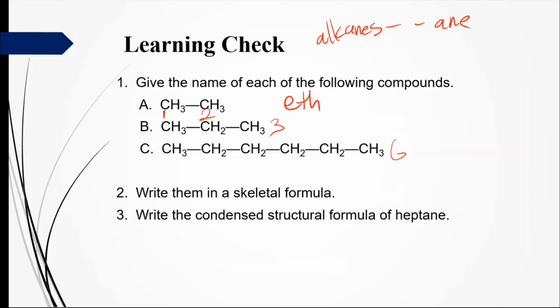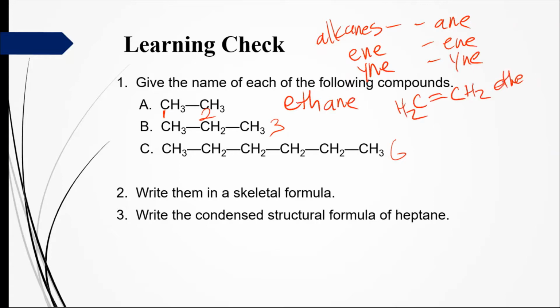If you have 1 double bond, you become an alkene, and so you end in ene. And if you have a triple bond, then you become an alkyne, and you end in yne. So if we have 2 carbons attached, all single bonds, then we're going to call it ethane. If we had 2 carbons attached with a double bond, we call it ethene. And if it was 2 carbons connected with a triple bond, we call it ethyne. So in this case, we have just ethane.